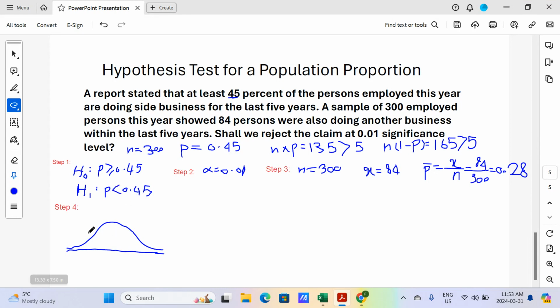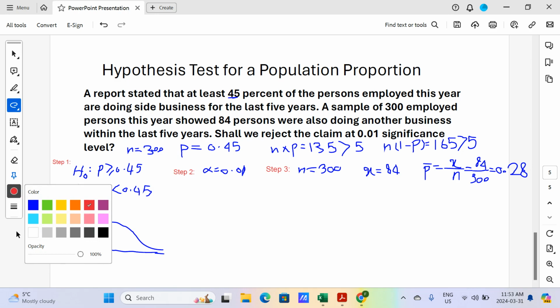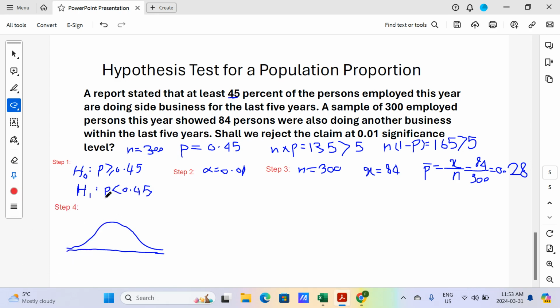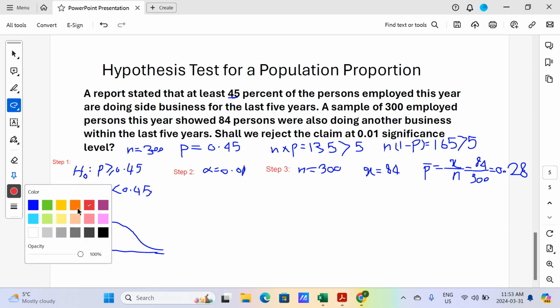P is less than, so the tail is on the left side. If it was more than, the tail would be on the right side. So the rejection region is on the left side.